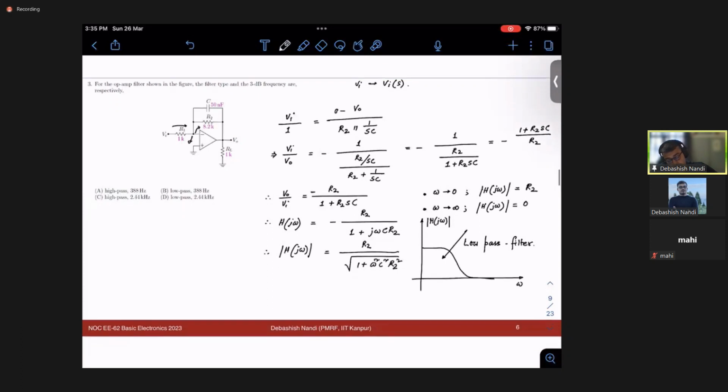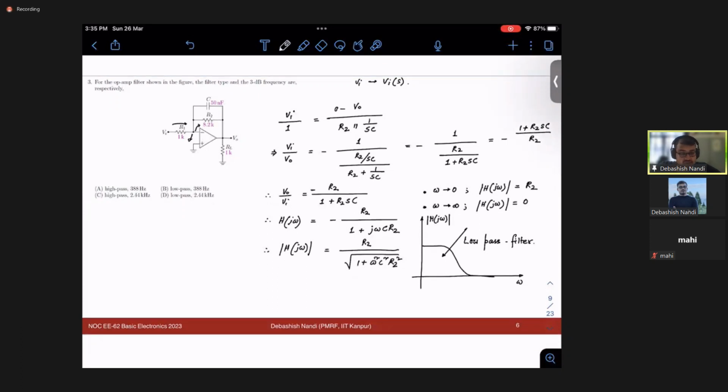So again, next thing is how to calculate the 3 dB frequency. What is 3 dB frequency? 3 dB frequency means your gain, or rather the transfer function, should be the transfer function at 0 frequency divided by root 2, right? And why is it so?